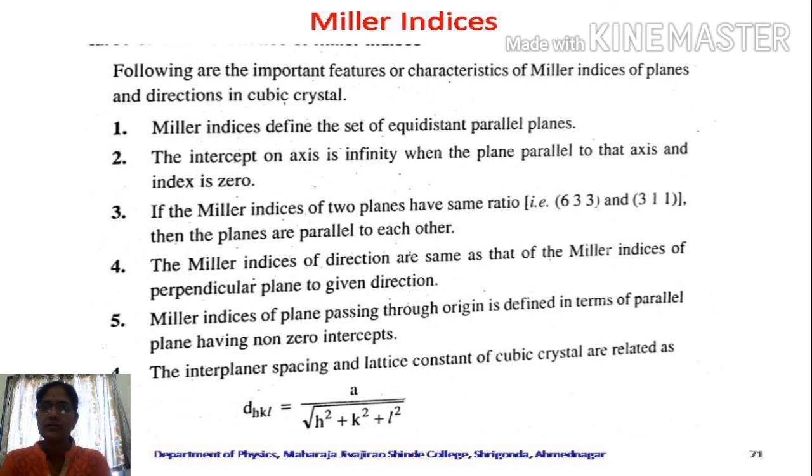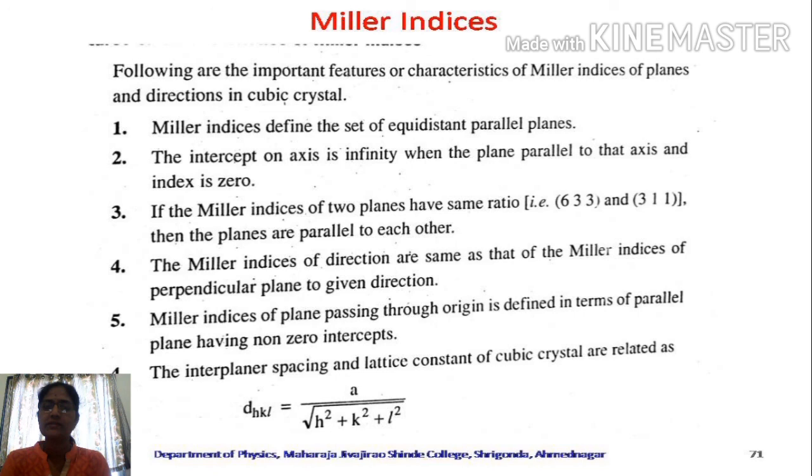It is easy to find the interplanar distance or interatomic distance with the help of Miller indices by using the formula d(hkl) is equal to a upon square root of h square plus k square plus l square.